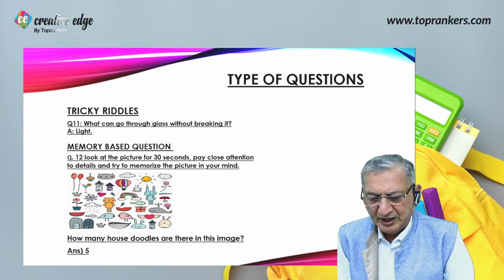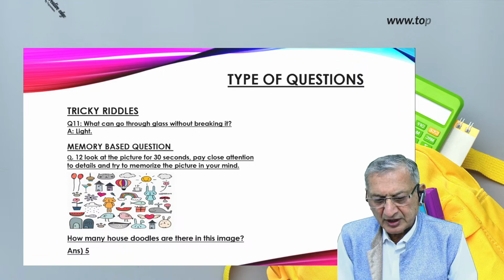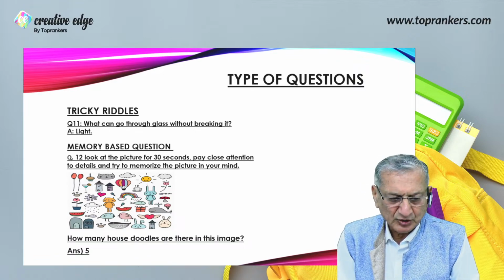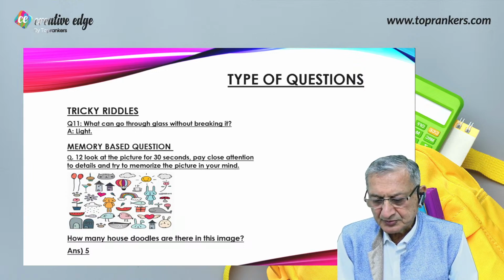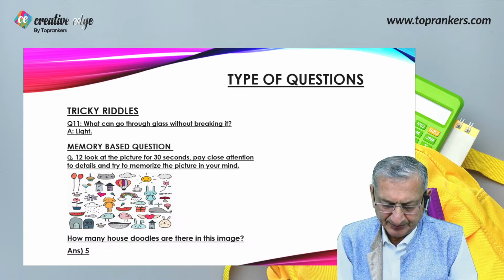Now, there are ways of looking at the image, taking some notes on the rough paper that they allow. And then, of course, you can practice how to answer them.